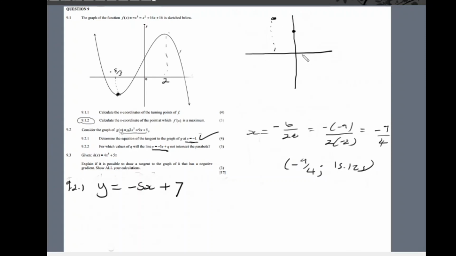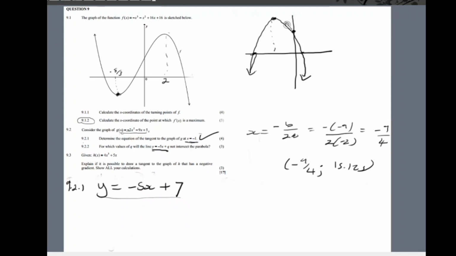And then we know our x-intercepts will be on our x-axis, right? So this function has this shape, right? Now they want to know where the line with the equation y equals minus 5x plus q won't intersect the parabola. If you go back to 9.2.1, the tangent we calculated intersects the parabola at x equals minus 1.